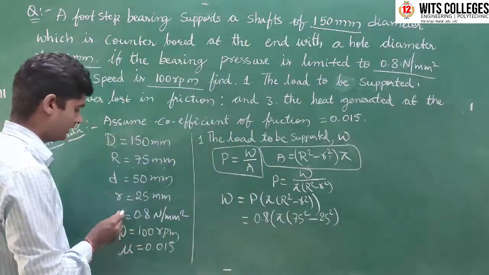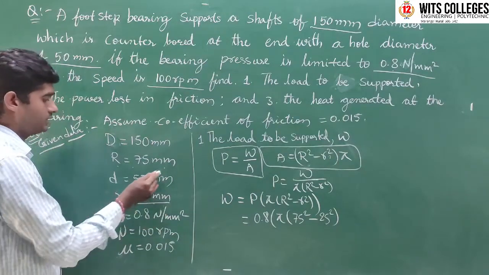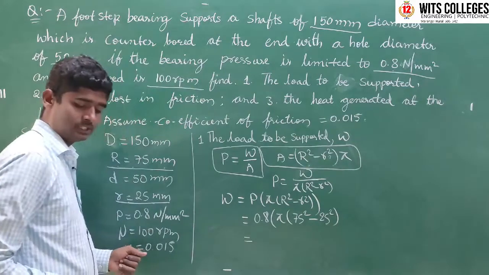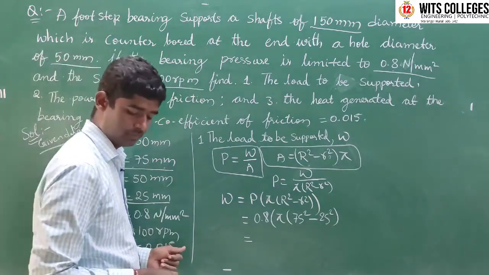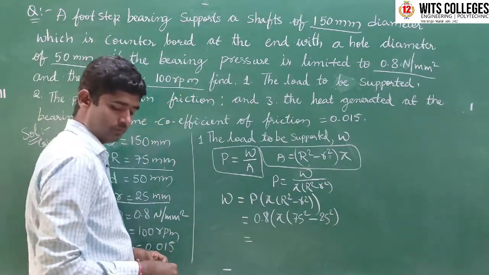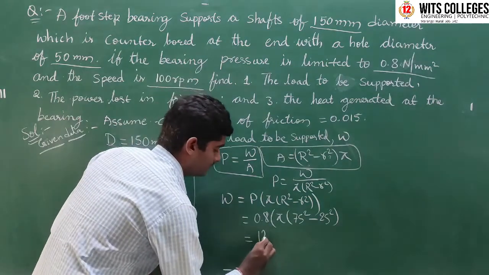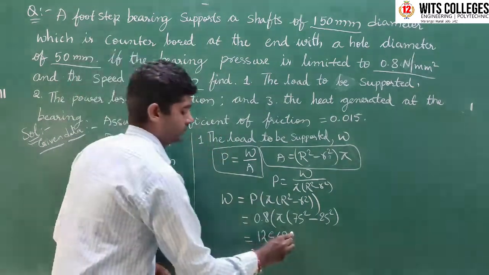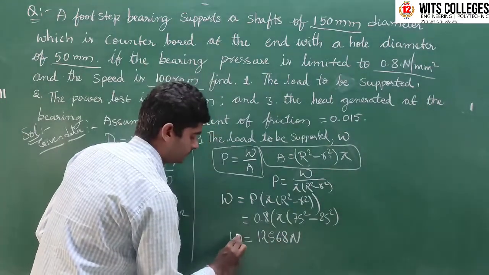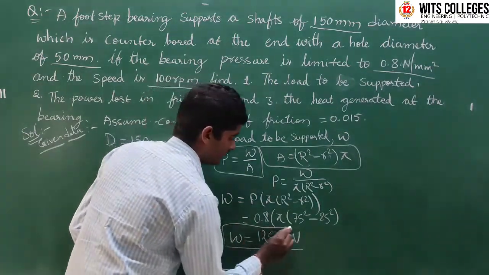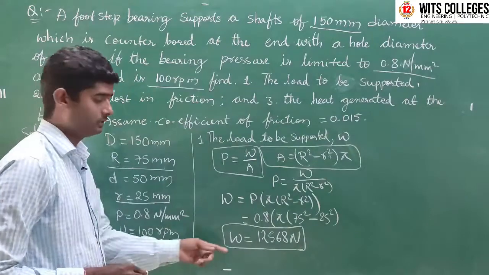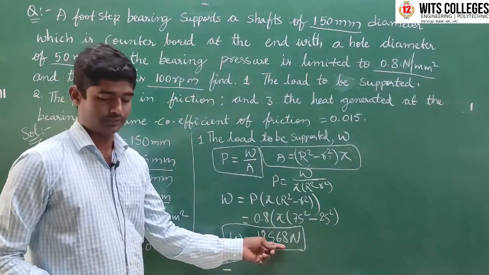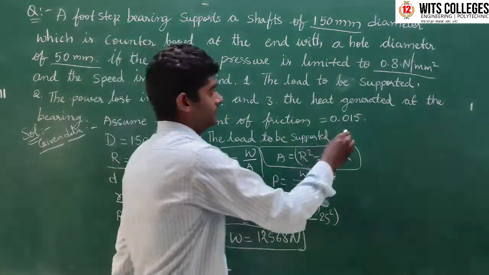Using your calculator, W is approximately 12,568 Newtons. This is W.